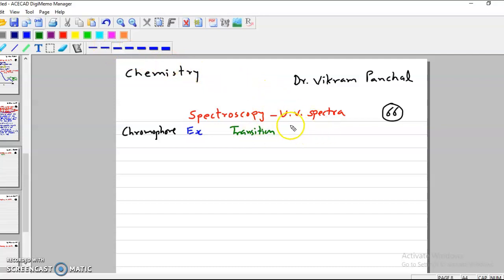Then the value of lambda maxima, then the value of epsilon maxima, and solvent.